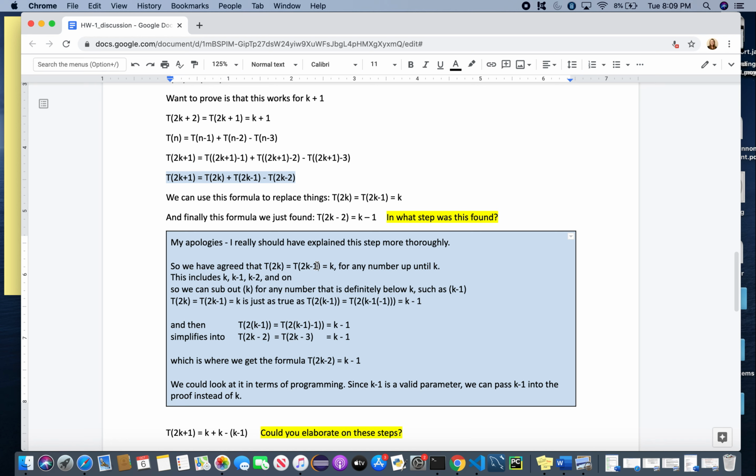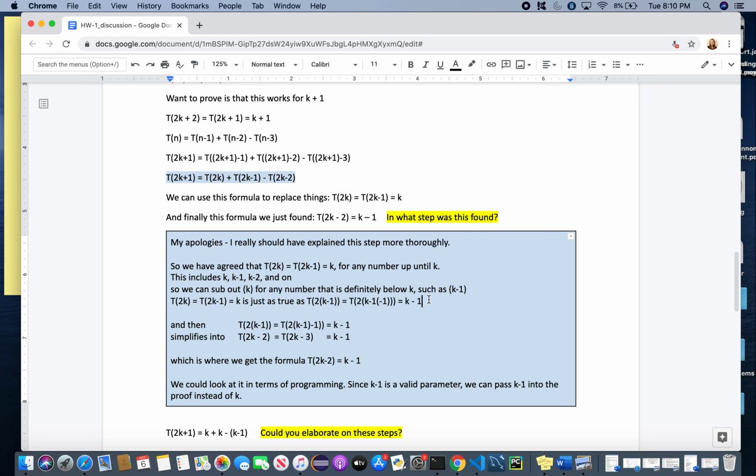So that's exactly what I did to go from T(2k) to this right here. I took T(2k) = T(2k-1) = k and plugged in k minus 1 everywhere that k was. That works because we already agreed that anything below k, including k, is proven.